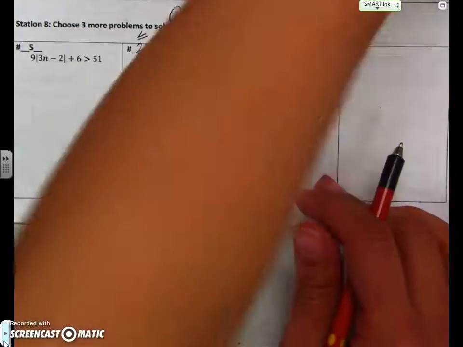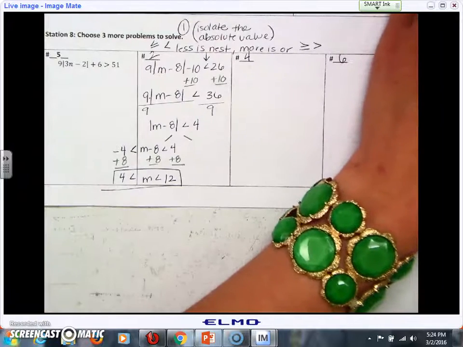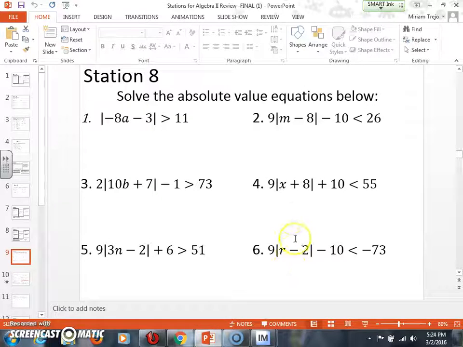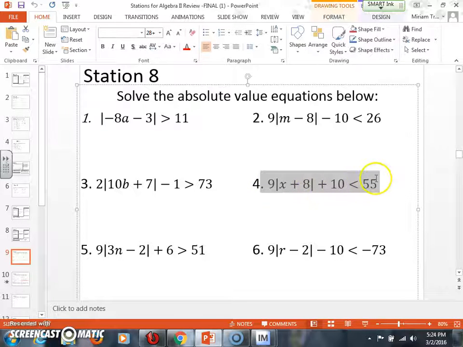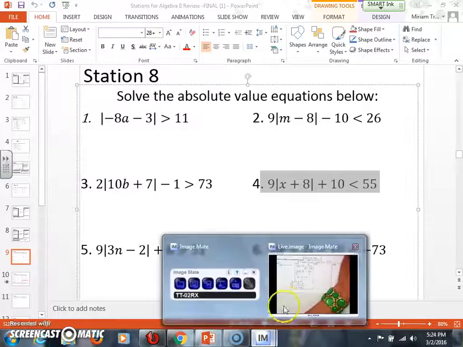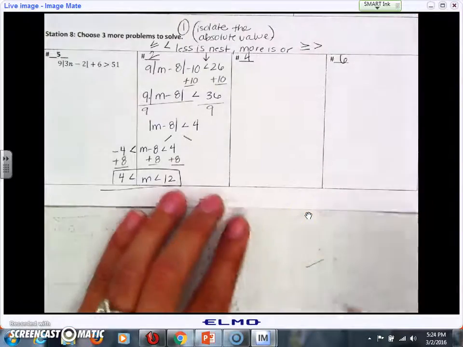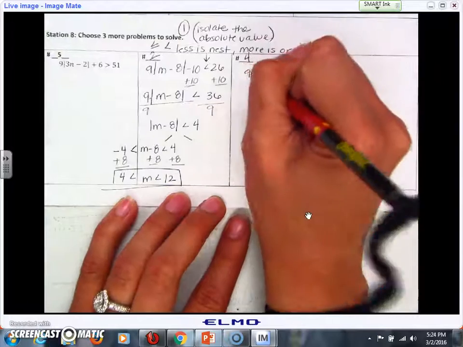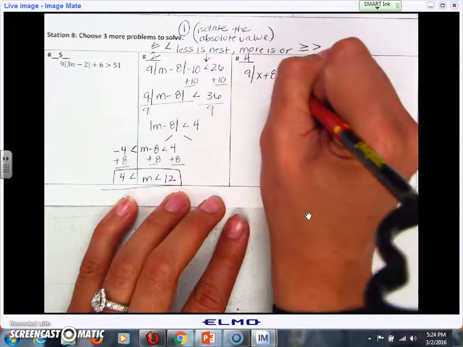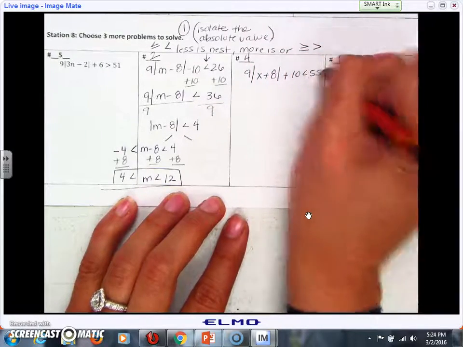Okay, let's look at number 4. The question for number 4 says 9 times the absolute value of x plus 8, plus 10, is less than 55.